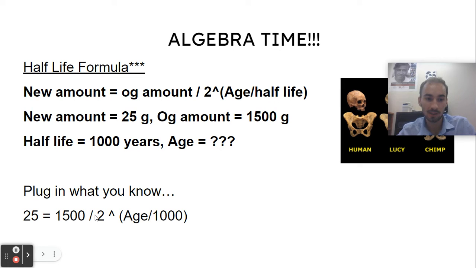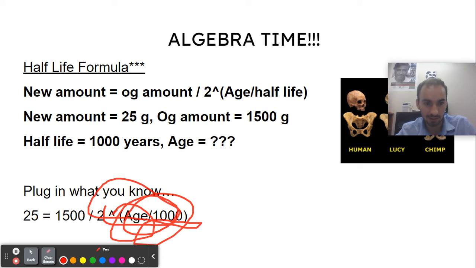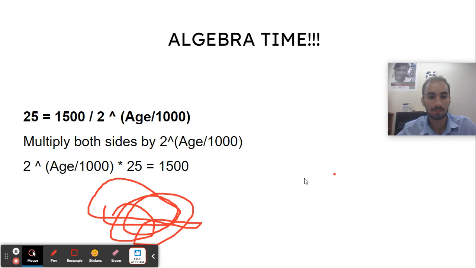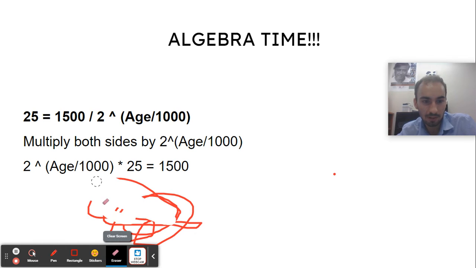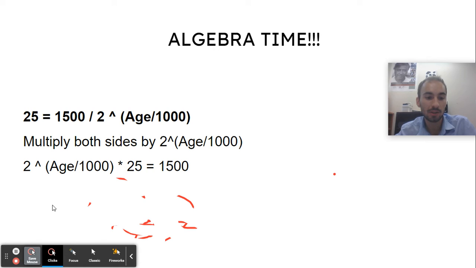So first thing we're going to do is move this whole thing. We want this whole thing by itself. To get it by itself, we multiply both sides by it.